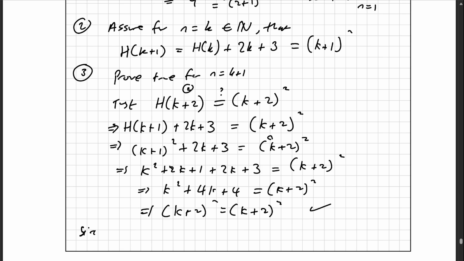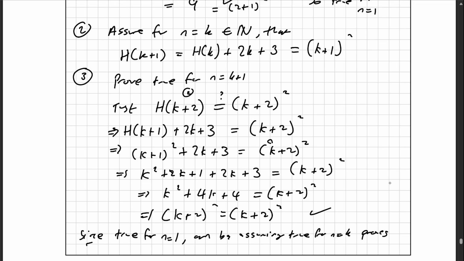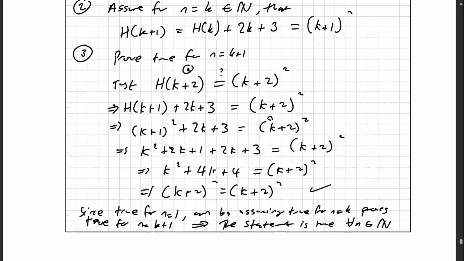So since true for n equals 1, and by assuming true for n equals k proves true for n equals k plus 1, that implies the statement is true for all n in the naturals by induction.